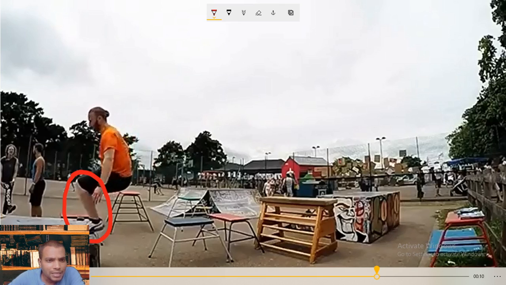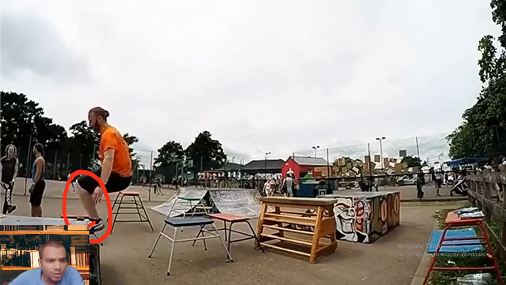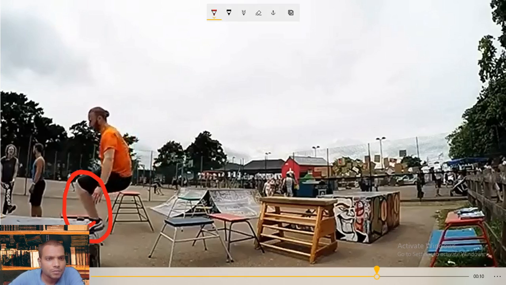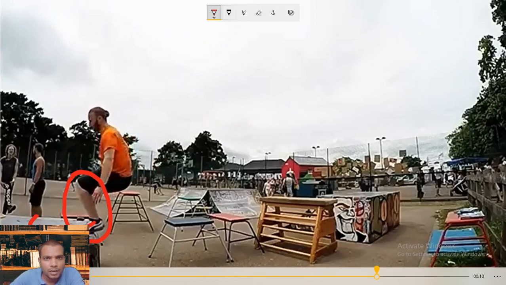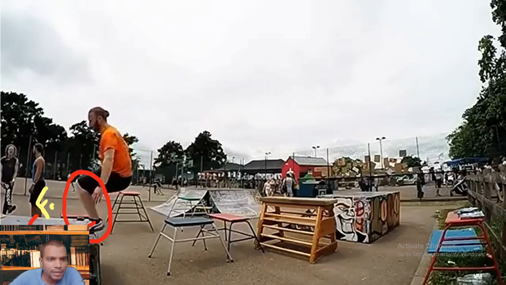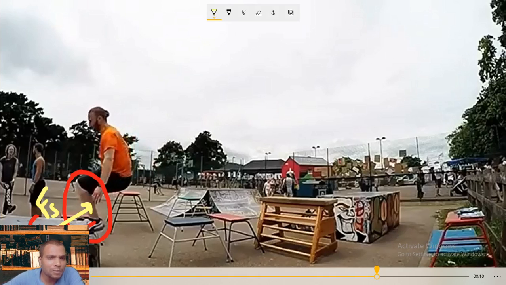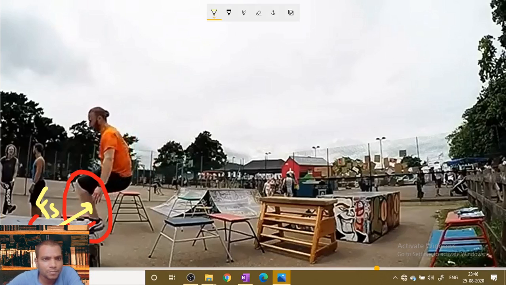The jumper applies force on the surface. This is the force applied by the jumper. According to Newton's third law, the surface also applies force on the legs in the same amount but in the opposite direction.